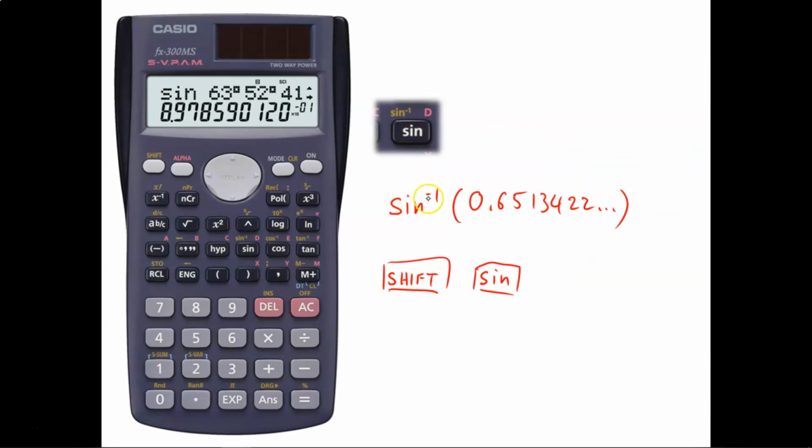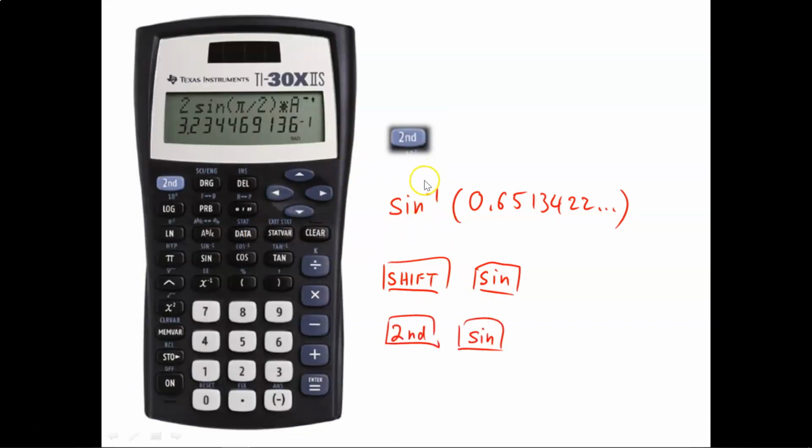So inverse sine is sine to the power of -1. We call that inverse sine. And you'll notice it's a slightly different color. That's because you need to press the shift key, which is the same color over here. So press the shift key, then press sine to access the inverse sine function. So one more time, to type in sine inverse, you must press shift, then press the sine button, and that will give you inverse sine.